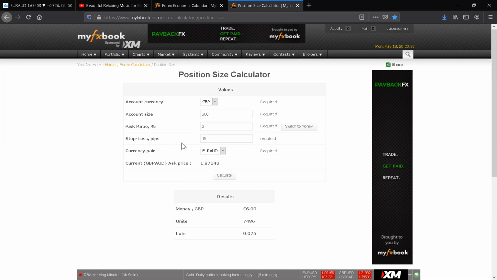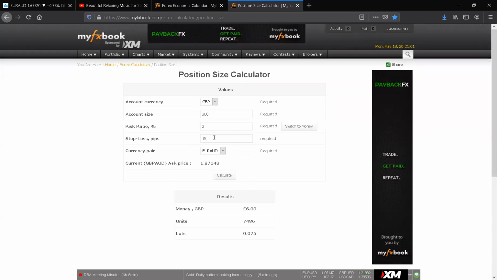Like, a lot of people don't really know this, but the stop loss isn't just your safety net to get you out of the trade if it goes the wrong way. It's actually your profit regulator, because it's showing you right here if you need to put in a stop loss, because the stop loss calculates the correct risk management to use.